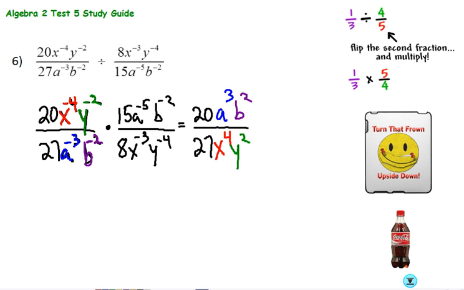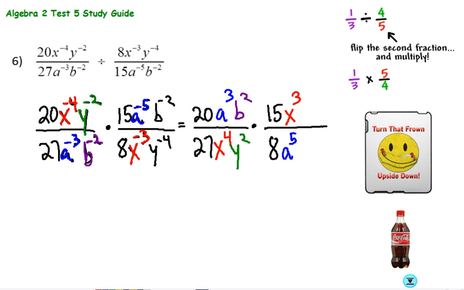Right? So let's take a look at that second fraction then. You got 15 over 8. Again, the number stays the same. And then let's talk about the a's. That a to the negative 5 would become a to the positive 5. We'll keep it the same colors there. X to the negative 3 would become x to the positive 3.